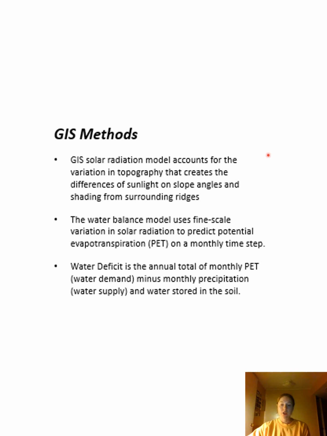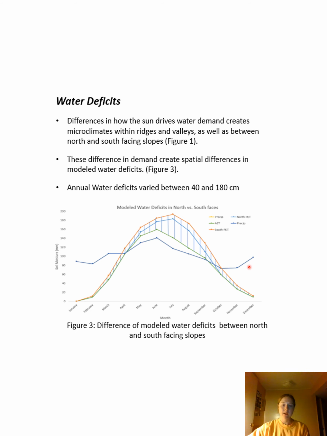We used the solar radiation tool in GIS, which is Geographic Information Systems, and that tool accounts for the variation in topography of those valleys and ridges that we saw in Figure 1, the shading from the hills and the different slope angles. And just to clarify what I'm talking about by water deficit here, that is when the water demand is exceeding the supply. And we can see that deficit expressed here in this graph, this line shaded area is all area of deficit where the demand is exceeding the supply.